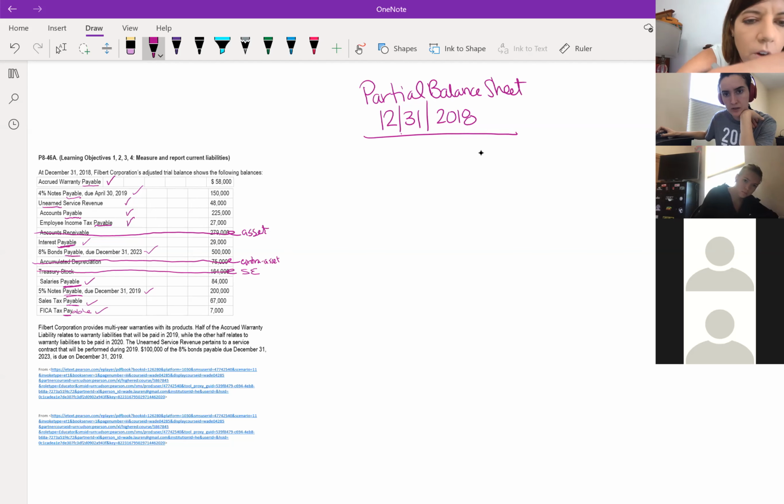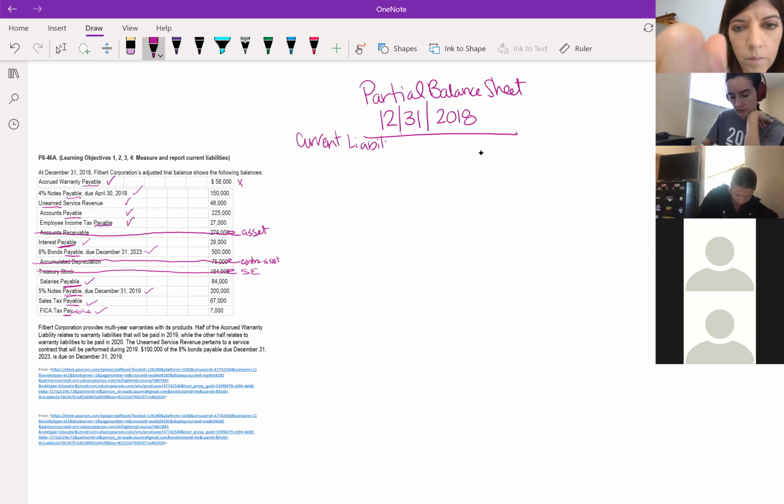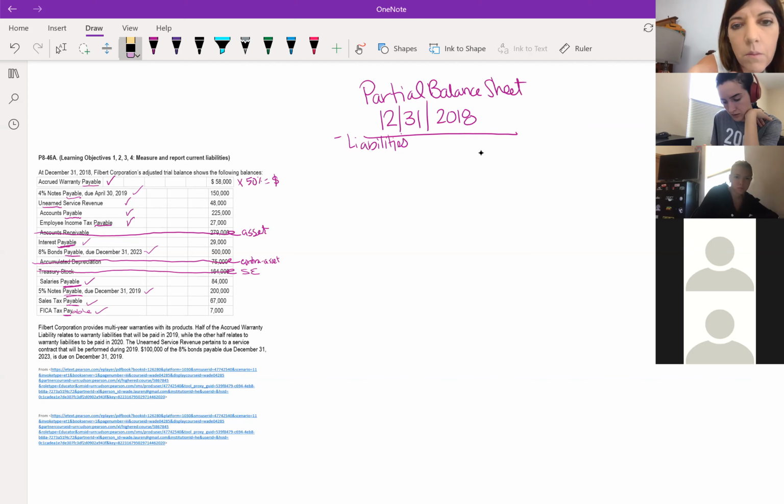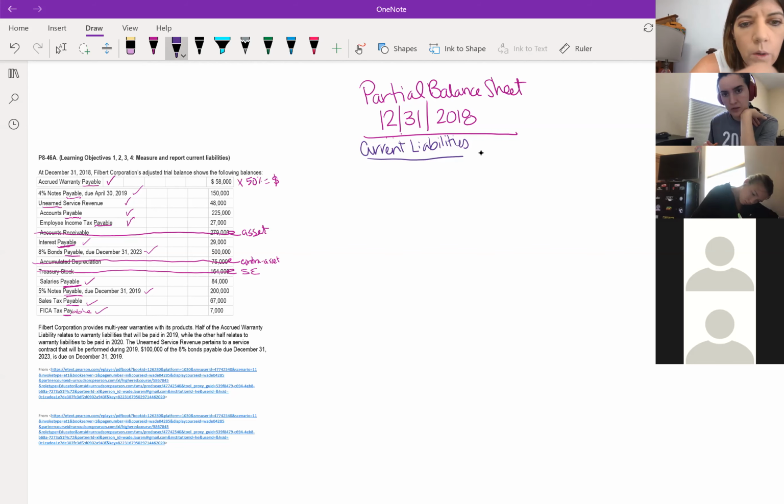We only have to account for half of it because we're focusing on current liabilities only. So we're going to take this times 50% to get the actual amount that we're going to record in the current liabilities section of the balance sheet. So what is 50% of 58,000?